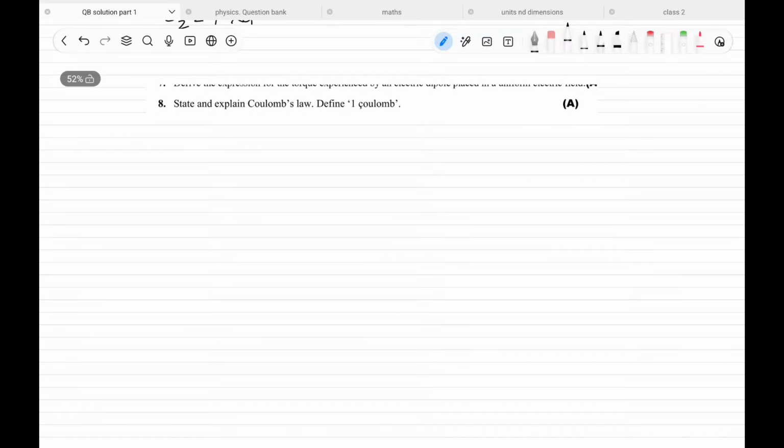State and explain Coulomb's law. Let's see the statement.